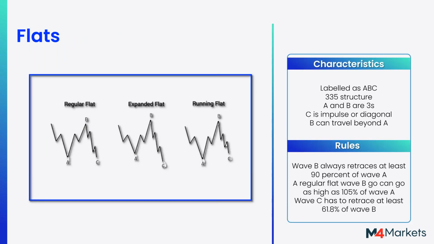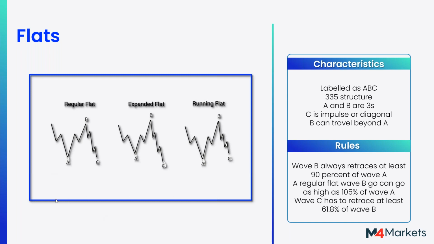Now going on to flats, we said regular and irregular. Regular ones are when wave B goes above 90% of wave A, but never over 105% of wave A. The rule with all of them is that wave B has to retrace at least 90% of wave A. They're of course labeled as ABC because they are corrections.